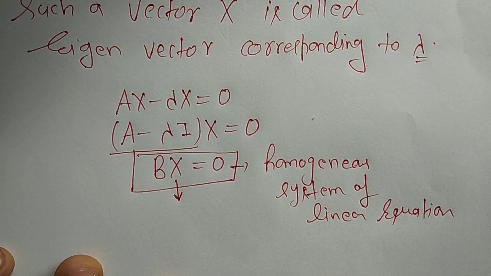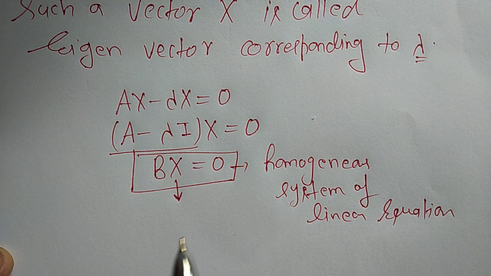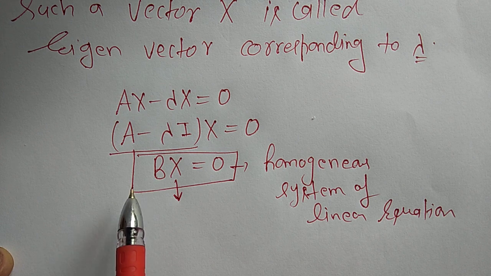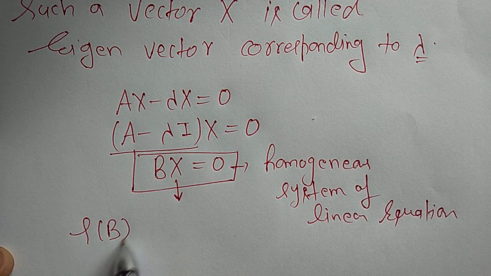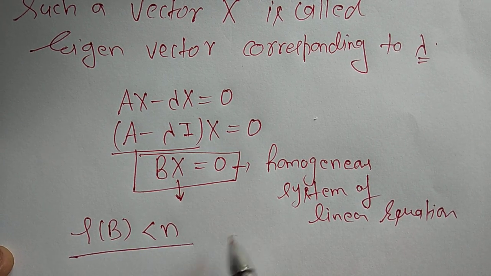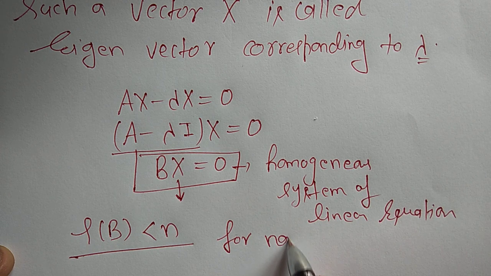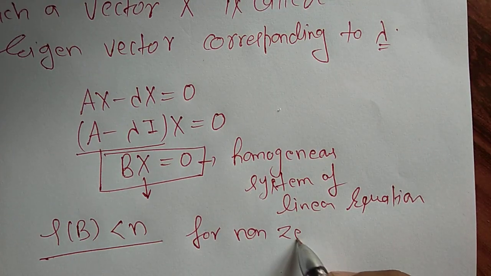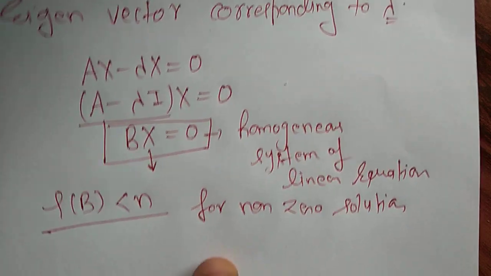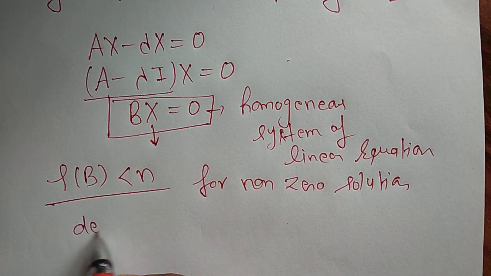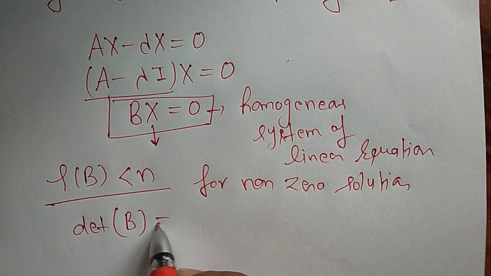In the previous video we have seen that for a homogeneous system, if we need a non-zero solution, then the determinant of B should be 0, meaning the rank of B should be less than n. So for a non-zero solution, the determinant of B will be 0.